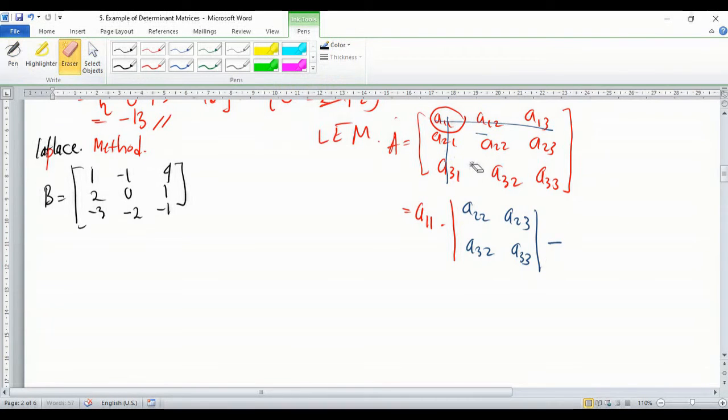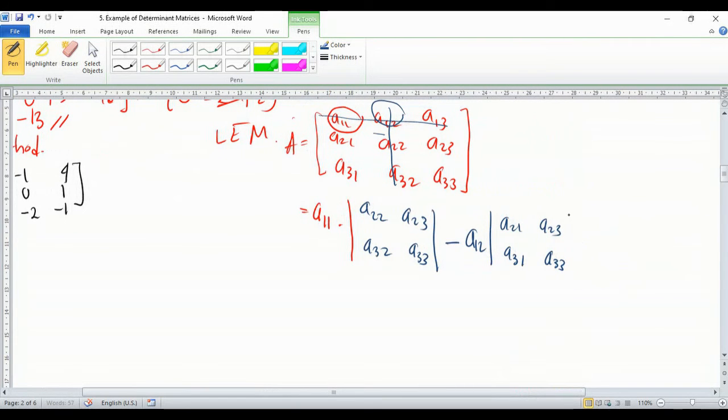Now we just take the first row, and the second, A12 times the determinant of what is left, so we take A21, A23, A31, A33. Okay.